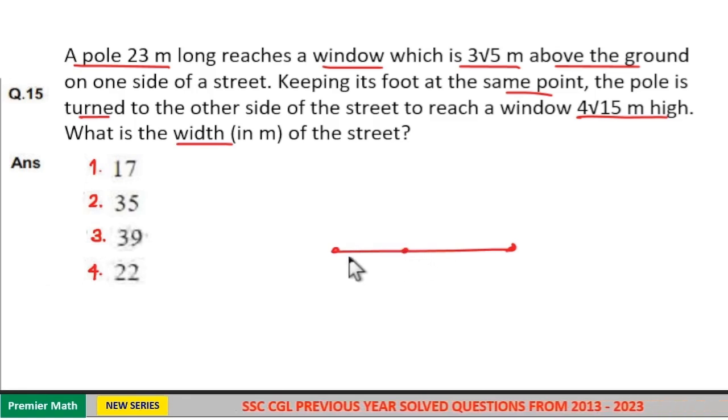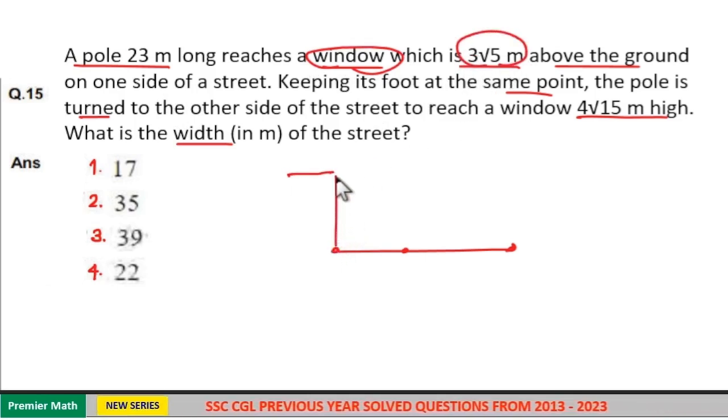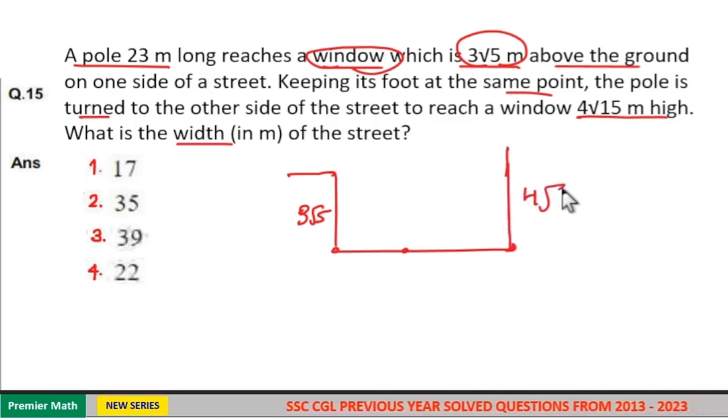Now this pole is anywhere on this line. Two windows are on both sides of the street. One window is 3 root 5 meters above the ground, so the height to this window is 3 root 5 meters. The other window is on the other side of the street, 4 root 15 meters above the ground.